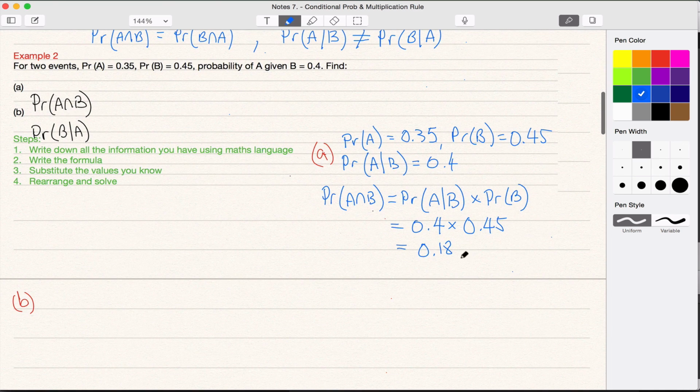So probability of A intersect B is 0.18.